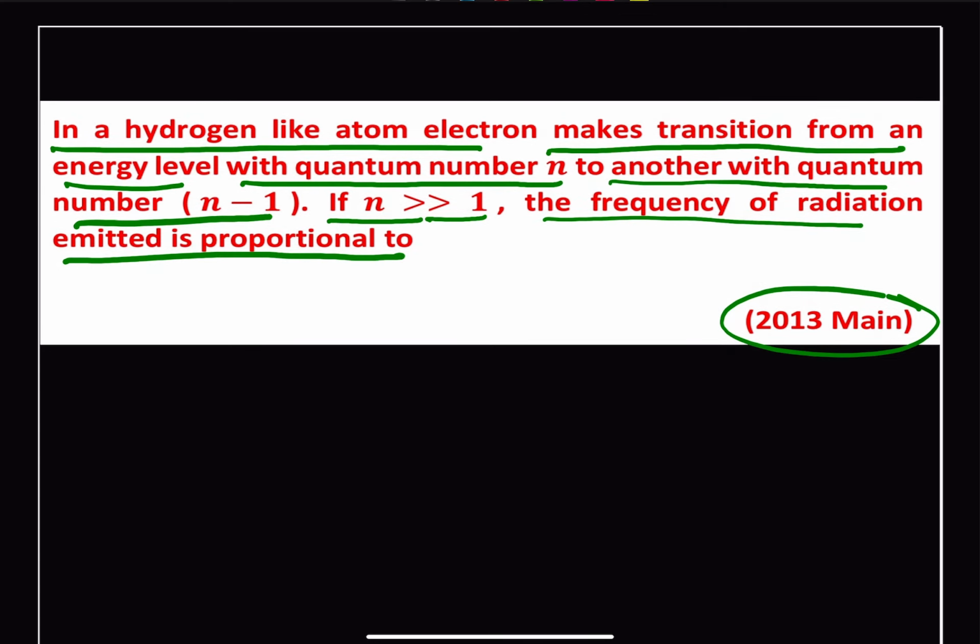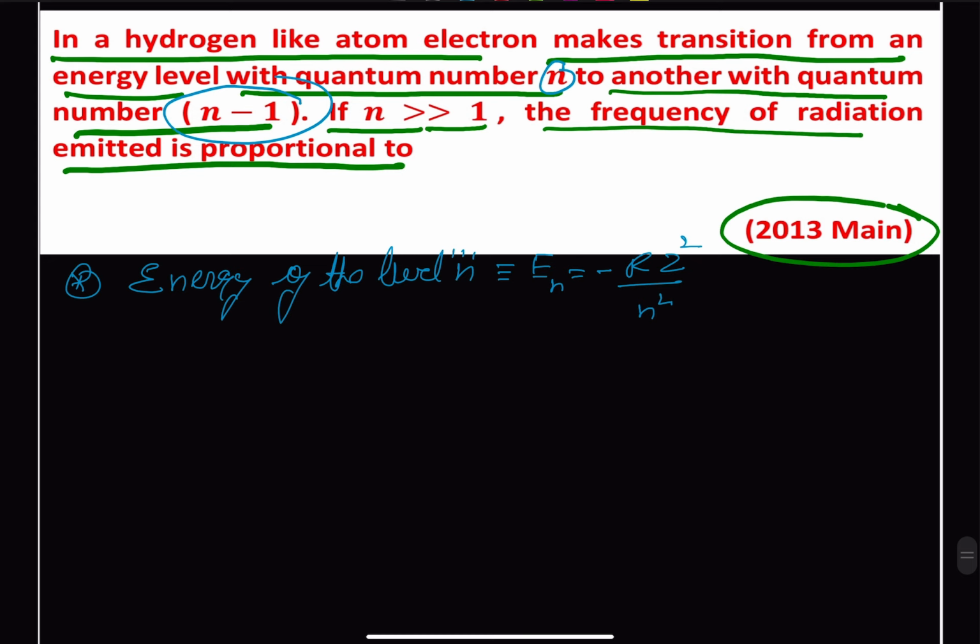So we already know the basic formula, that energy of the level n, suppose our E of n, is given as minus R z square upon n square, where R is a Rydberg constant and z is our atomic number, and for hydrogen-like atom the value of z is equal to 1, and it makes a transition from n to n minus 1.